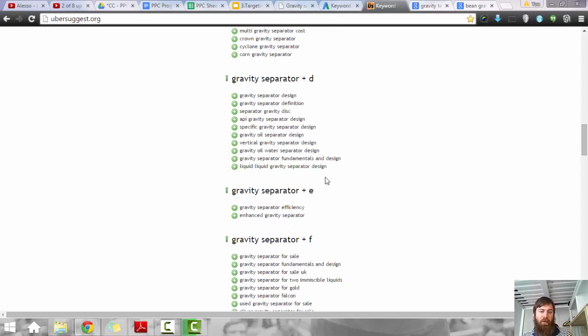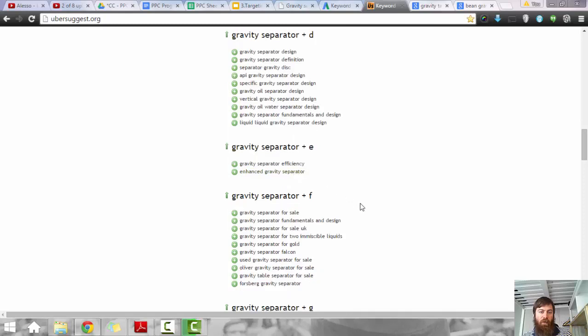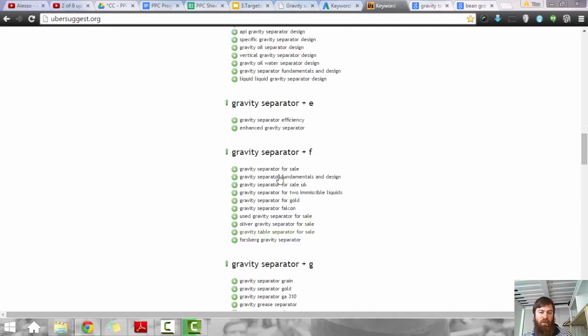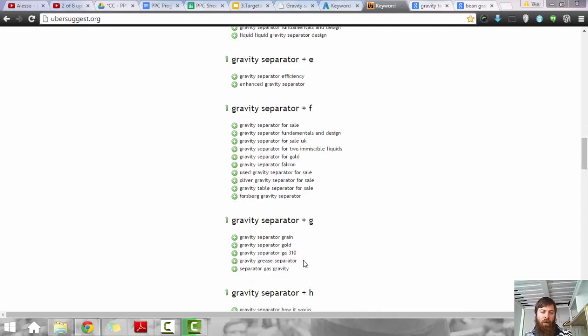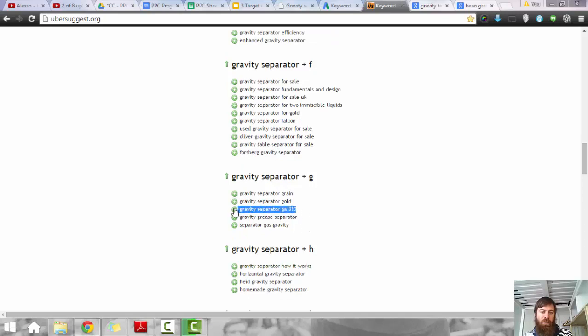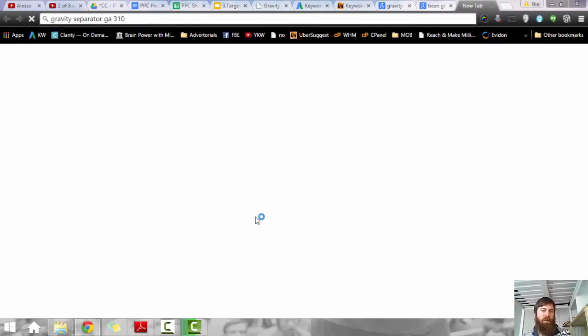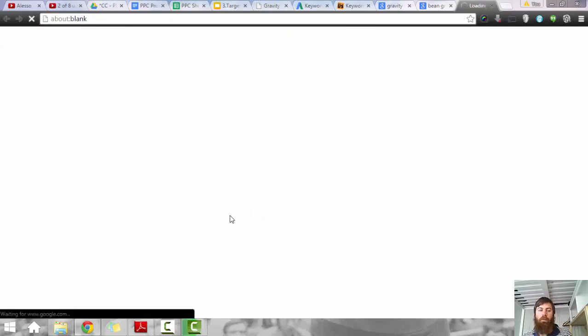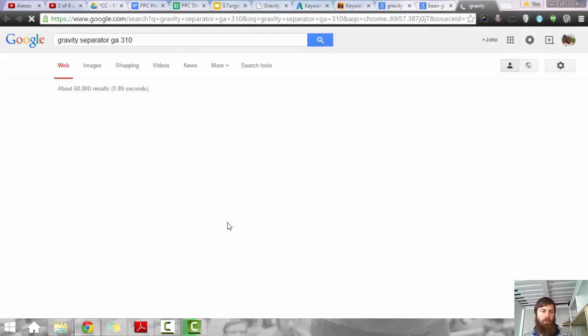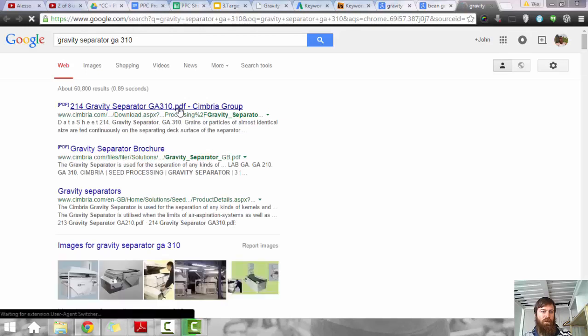Enhanced, liquid, gravity separator, design, gravity oil separator. Gravity separator seems, this is interesting. Looks like an actual part number. A great one.